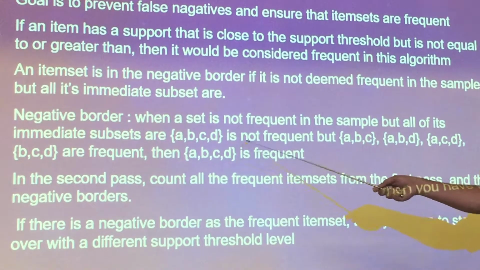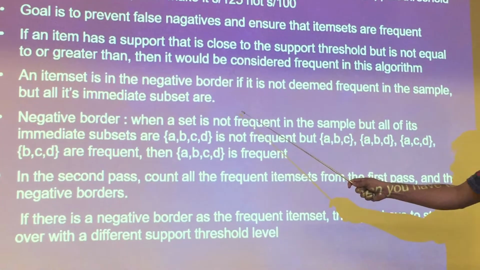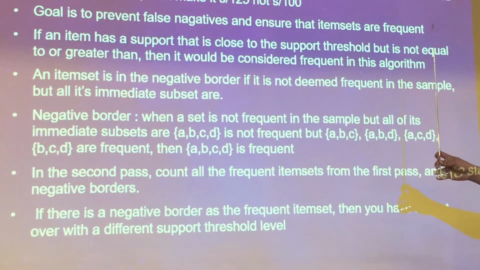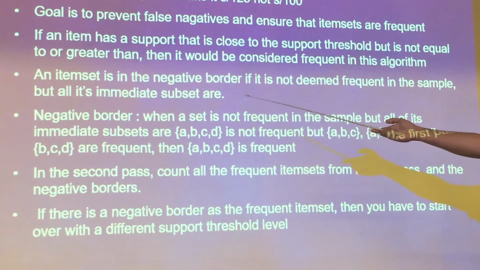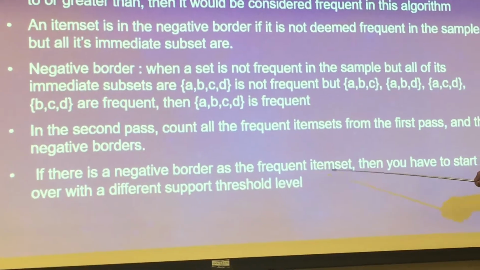So an item set is in the negative border if it is not deemed frequent in the sample, but all of its immediate subsets are.